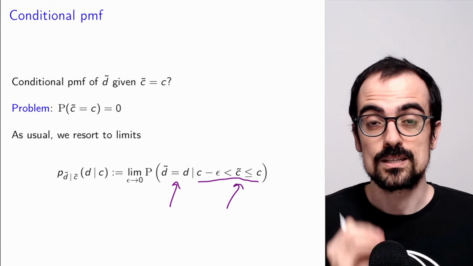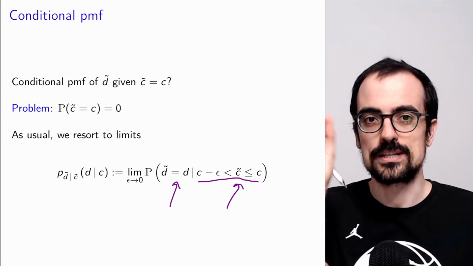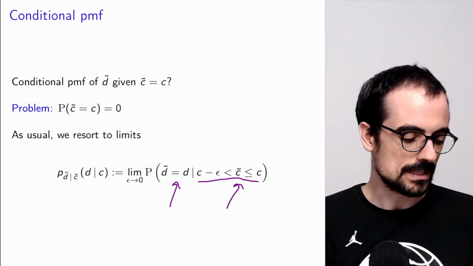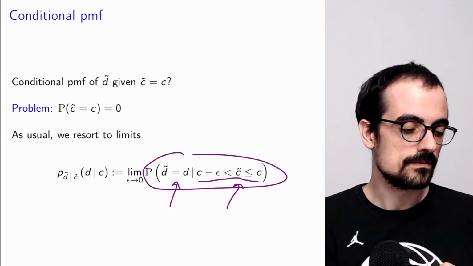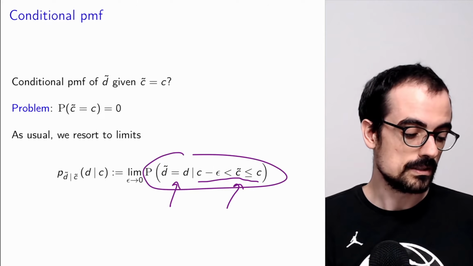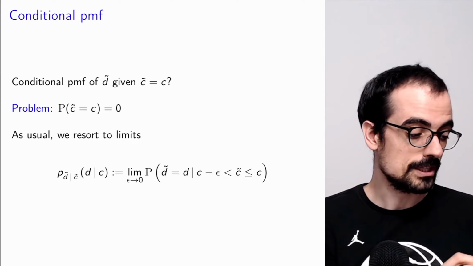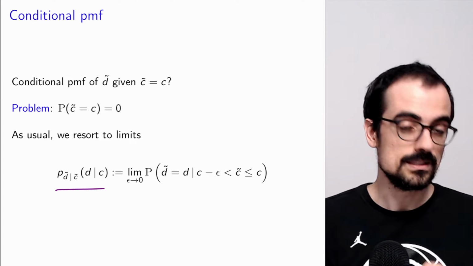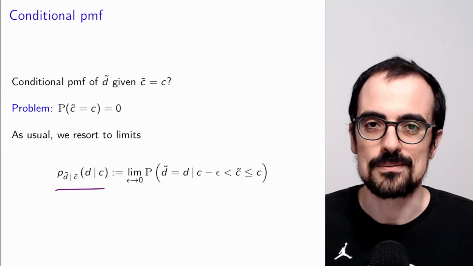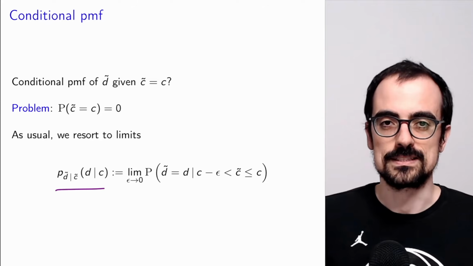When the length of that interval shrinks to 0, then the limit of that probability is a meaningful definition for the conditional PMF of D given C. So that's how you should think about the conditional PMF of D given C.